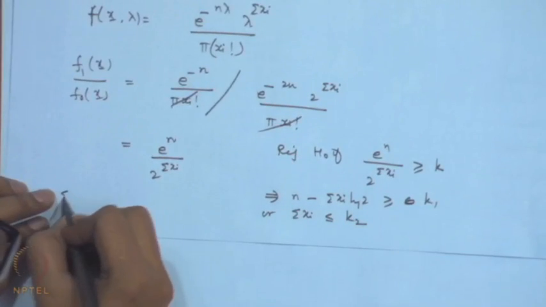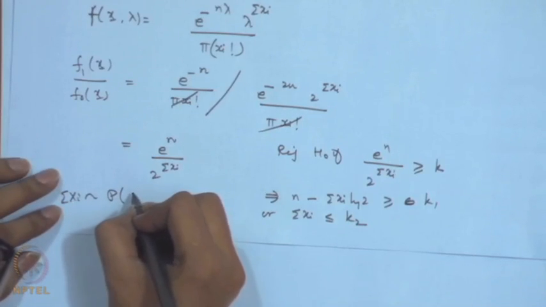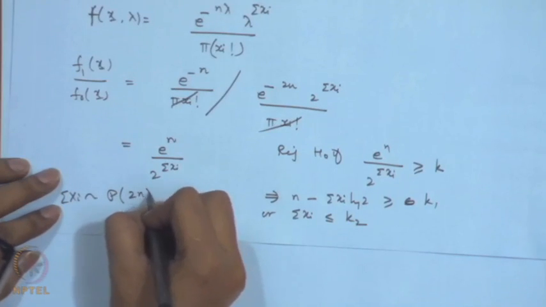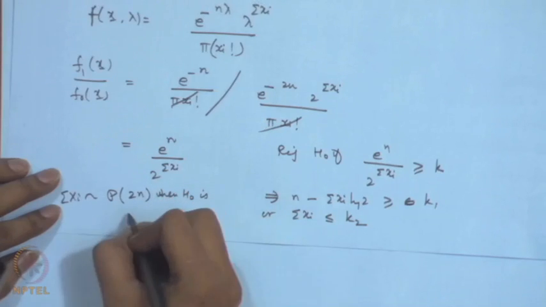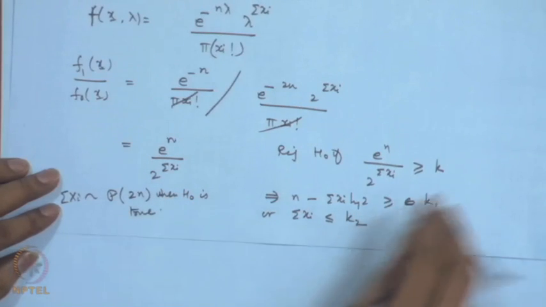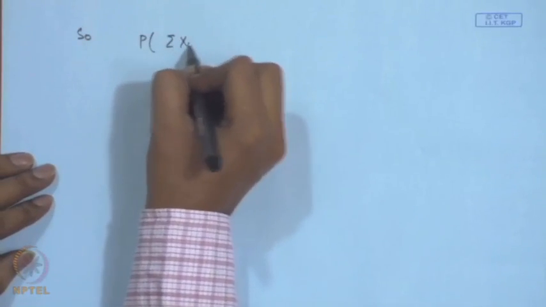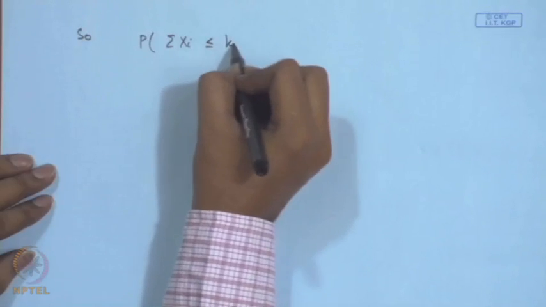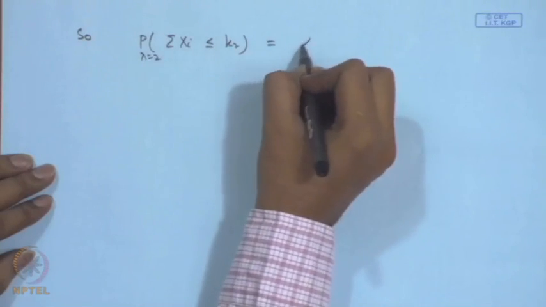Here you notice that sigma x i follows Poisson n lambda, that is 2 n, when H naught is true. So, probability of sigma x i less than or equal to k 2 when lambda is equal to 2 is equal to alpha.